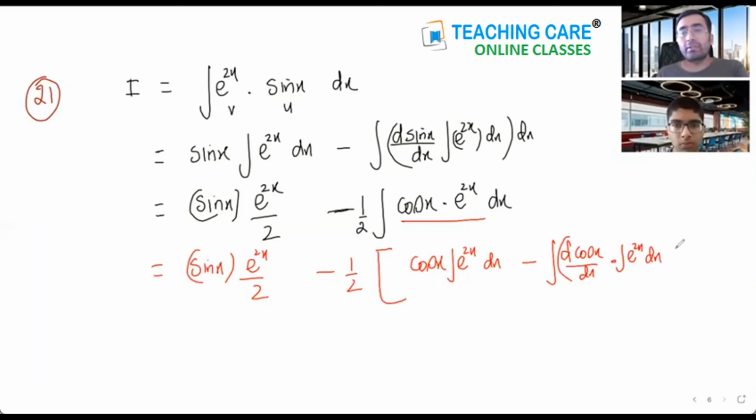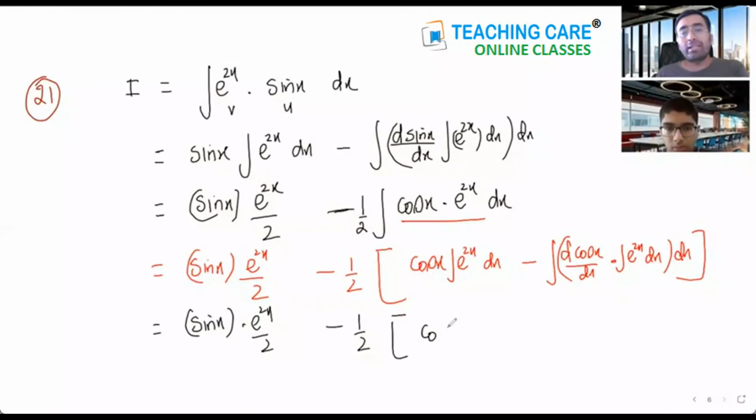Fine till here. Now this sin x will be there times e raised to the power 2x by 2, minus 1 by 2, and this is cos x times e raised to the power 2x by 2, and then we have minus.